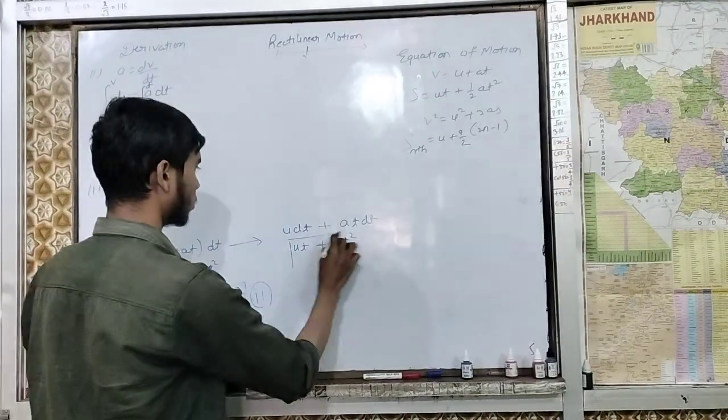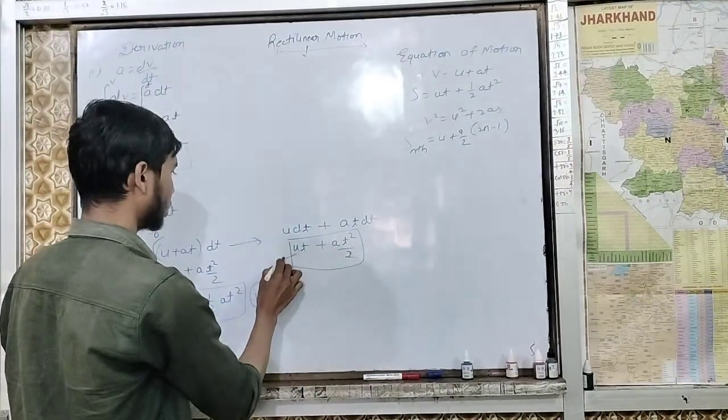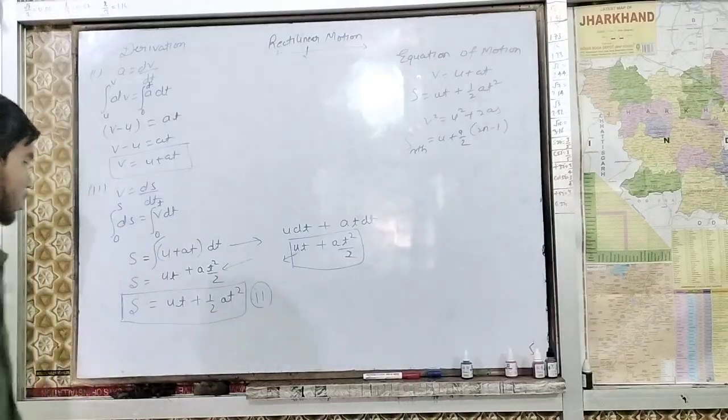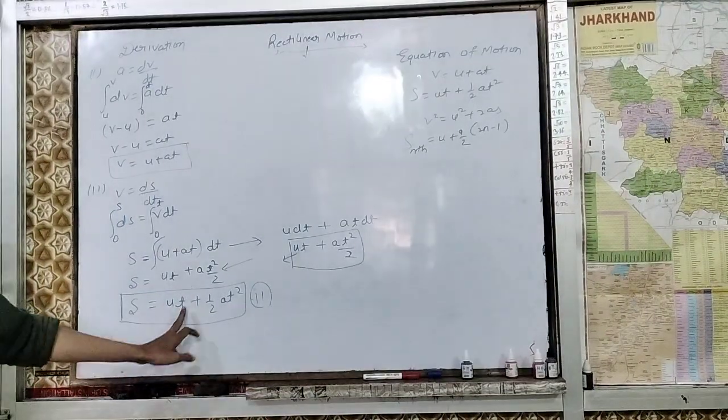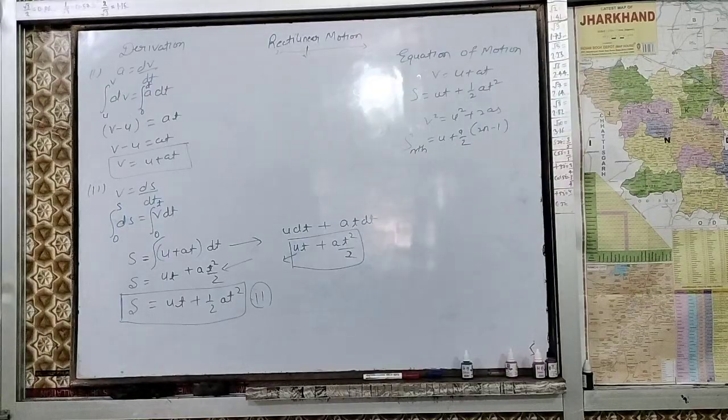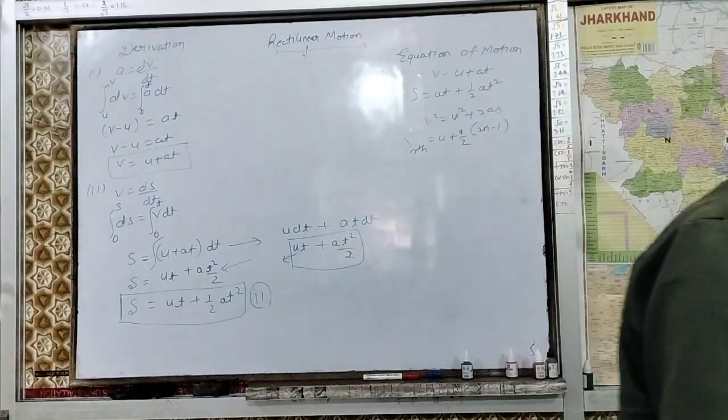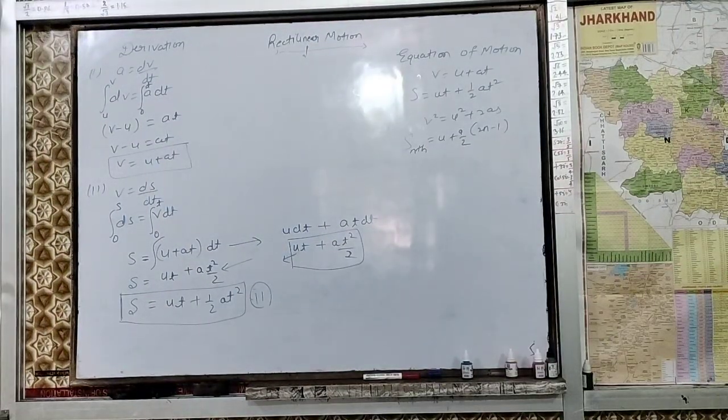That is how I brought this step over here, and then I simplified. Last thing, I got this second equation of motion. Got it?